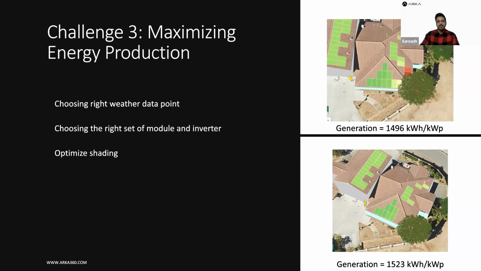The whole use of the optimizer or the microinverter is to make sure that even if some panels are in shade, you don't compromise the quality of production by eliminating those particular panels from the whole string. But if you don't have shade, or if you have already done the optimization, there is no point using the optimizer or the microinverter in that design. And you can end up saving more. You can either increase your profit margin, or you can decrease the cost for the homeowner.